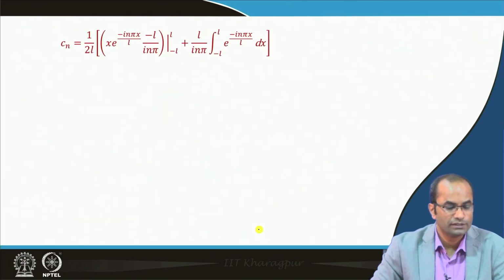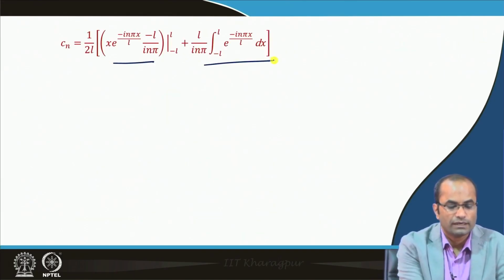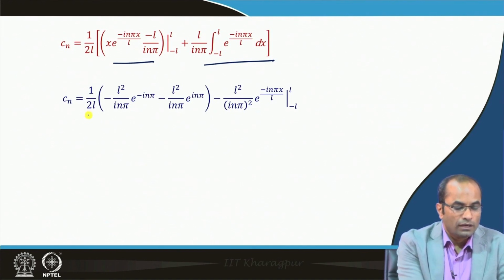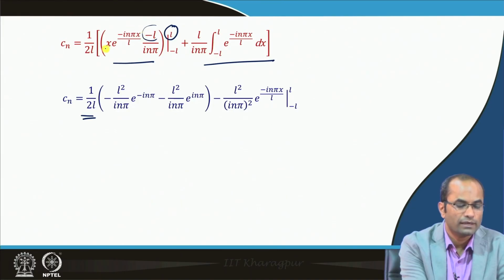So, let us proceed. This is the first term, then we have the second term. Out of the first term, we have to substitute first L there. So we have L and then there is another L here, so it will be L square with the minus sign.